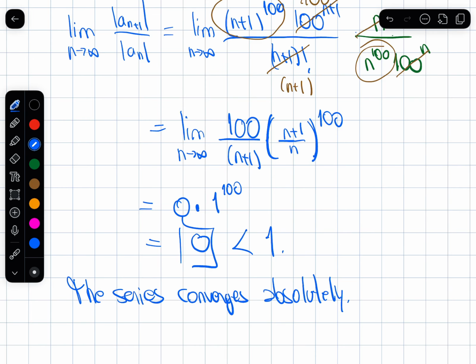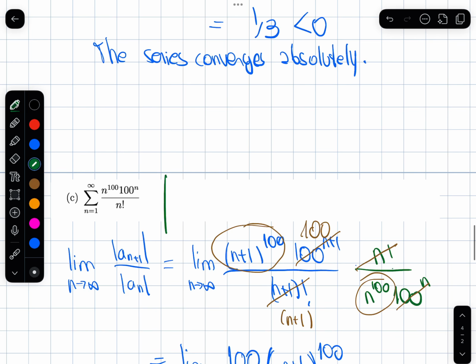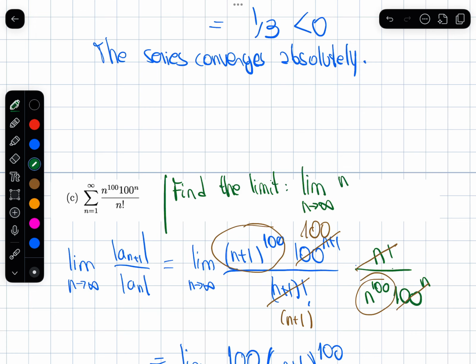Which is also, again, very surprising. What if your teacher goes and says, find the limit of this thing, n to the power 100, 100 to the power n over n factorial? It has to be 0. And it has to be 0 because that's the general term of a convergent series.